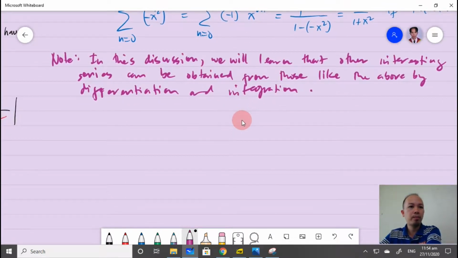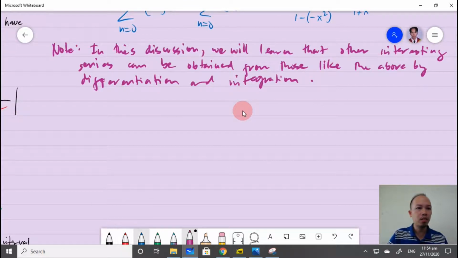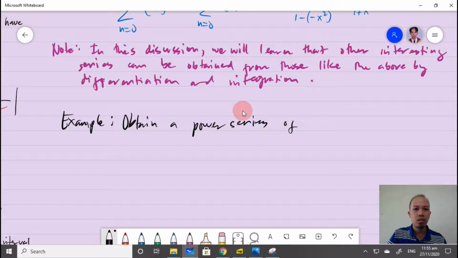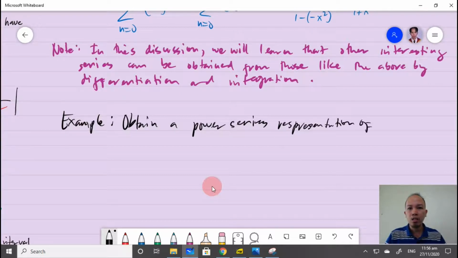So let's have an example here. Obtain a power series representation of 1 over 1 minus the quantity.